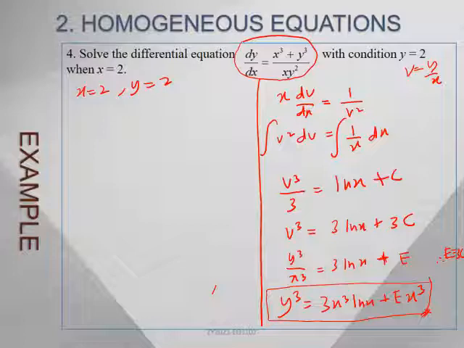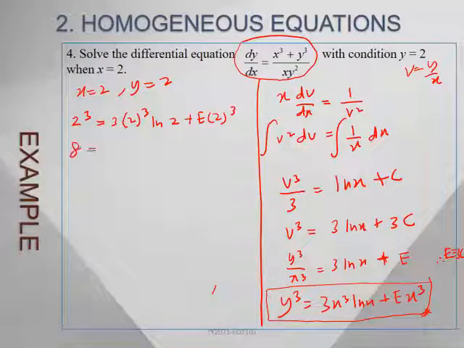So we substitute: 2 cubed is equal to 3 times 2 cubed ln 2 plus e times 2 cubed. 2 cubed is 8, so 8 is equal to 8 times 3 is 24 ln 2 plus 8e, right?